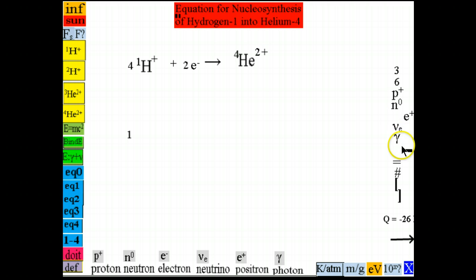In addition, I get 2 neutrinos, and I get 6 photons.